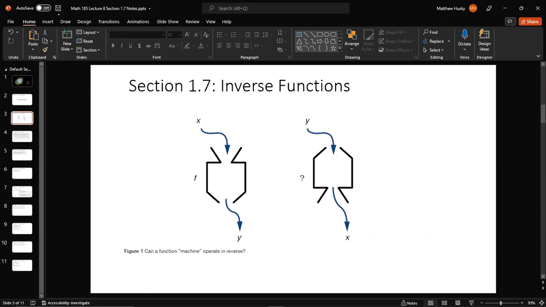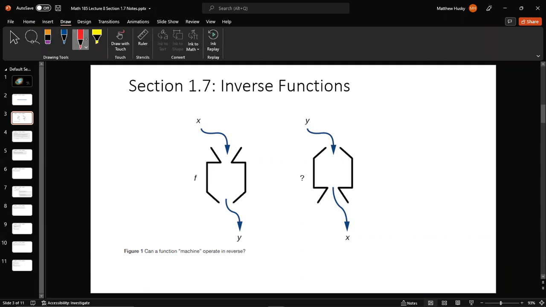So, with a function, you put in x, you get out a y. If you turn right around, you put in a y, it spits out an x. And what it will do is it will basically get you back to where you started.